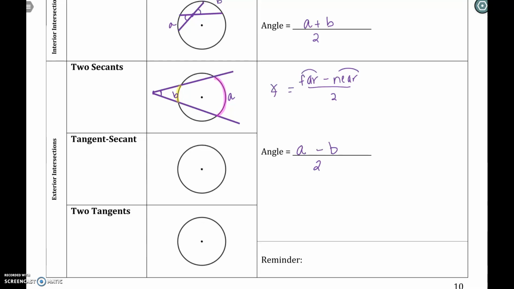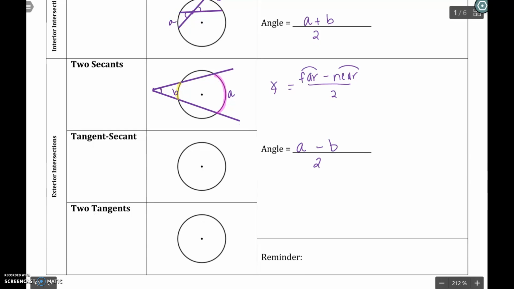Now that formula applies whether we're talking about two secants, a tangent and a secant, or two tangents. So whether we're doing the angle formed out here, we're still getting two arcs, farther and nearer, farther and nearer. We're still going to do that same formula.